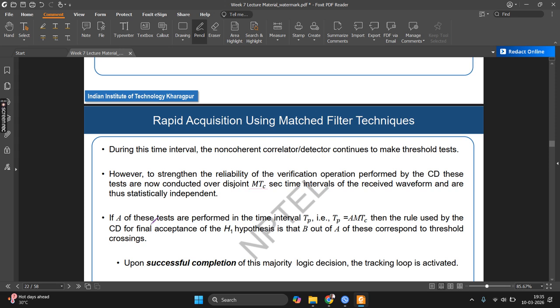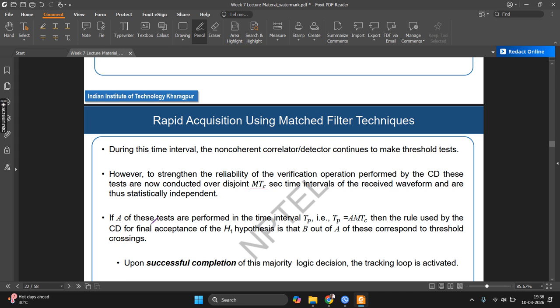So instead of making threshold crossing decisions while also changing the code, you will first change the code, then you will do threshold crossing decisions. Once you have done A threshold crossing tests, and out of those, B is less than A, B may be half of A or 70% of A or something like that.